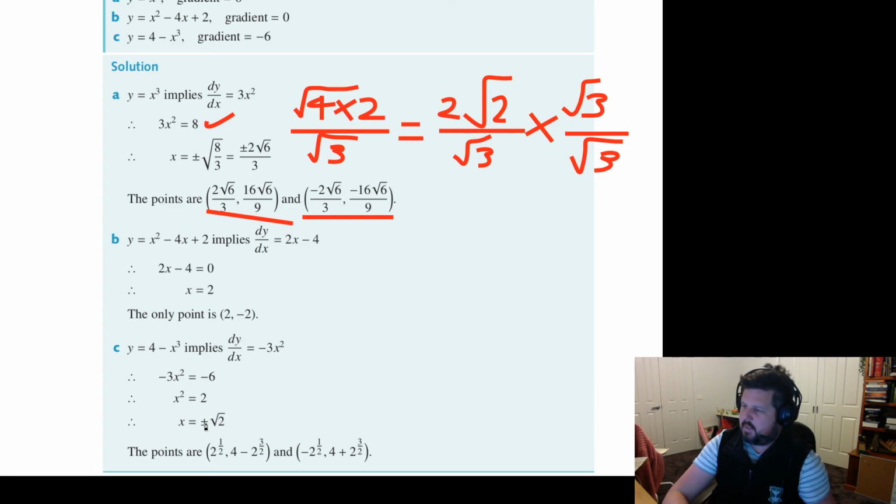So we know it's happening at both positive square root 2 and negative square root 2. Remember, square root of 2 is the same as 2 to the power of a half. So 2 to the power of a half, we can plug back into the original equation and get its corresponding y value, and also the negative version of that.